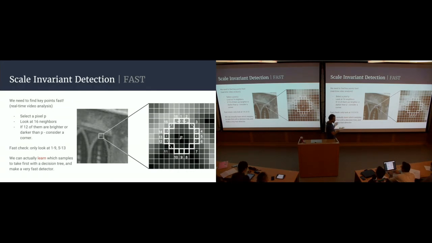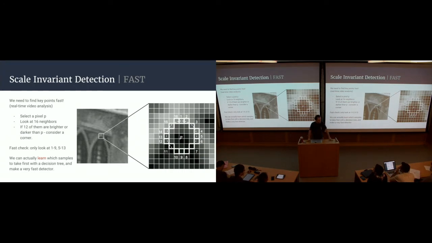You look for things that are brighter or darker than your pixel, so you set a certain threshold on that. Let's say it's 20. If the pixel in the middle is 100, you would look for things at 120 and up to be brighter, or 80 and down to be darker. And it's just a binary decision: is it over or under that threshold?